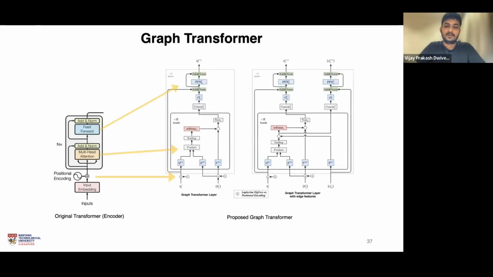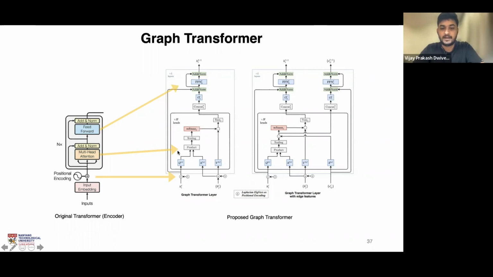And finally, we have a graph transformer with this architecture on the right. If you see this, the middle architecture is the basic graph transformer layer that we developed. Compared to the original transformer encoder, we have the positional encoding replaced by the Laplacian eigenvectors.